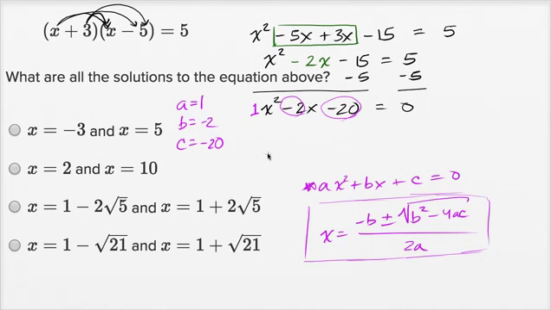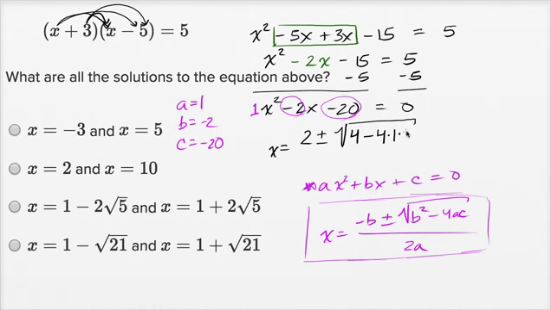So the roots are going to be x is equal to negative b, which is negative of negative 2, so that's going to be positive 2, plus or minus the square root of b squared, which is 4, minus 4 times a, which is 1, times negative 20.